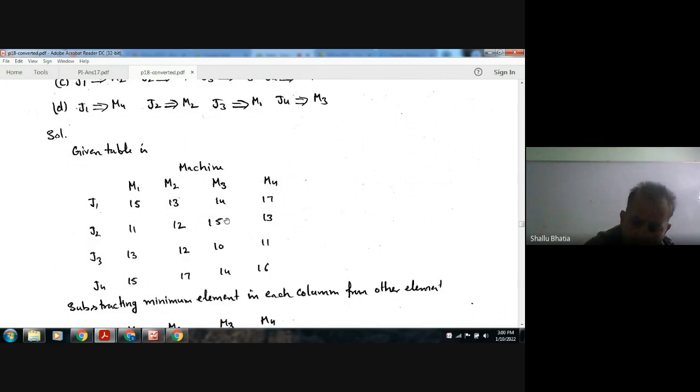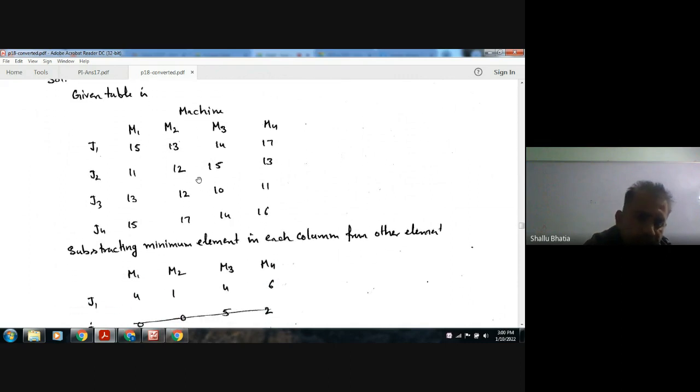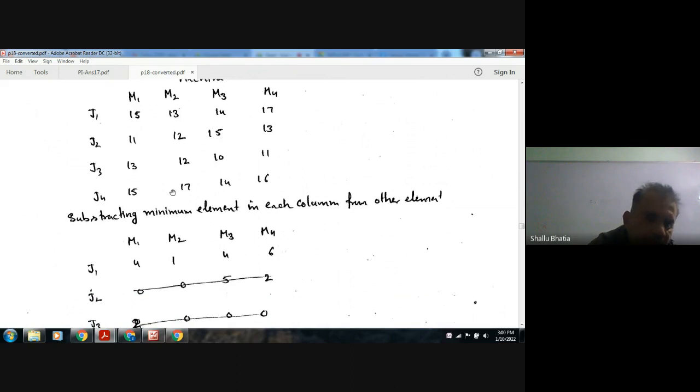In an assignment problem, first we take the minimum number from each column, and then we subtract it from the other elements. In the first column, the minimum element is 11.